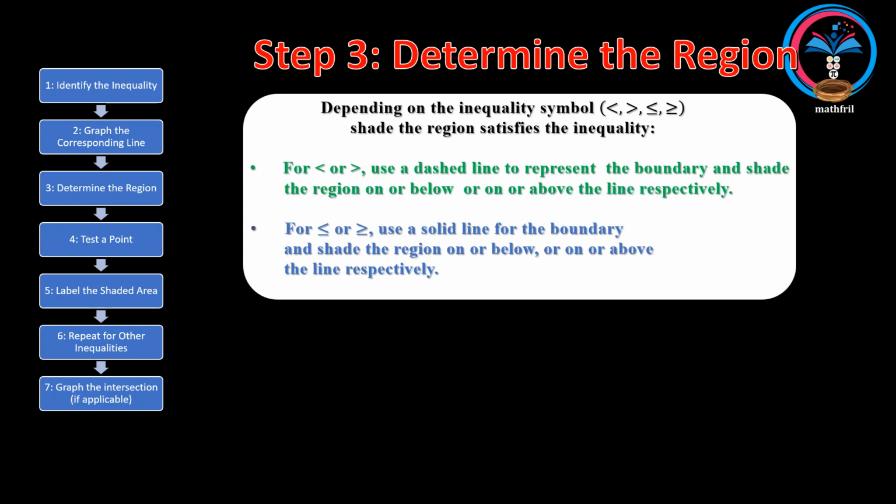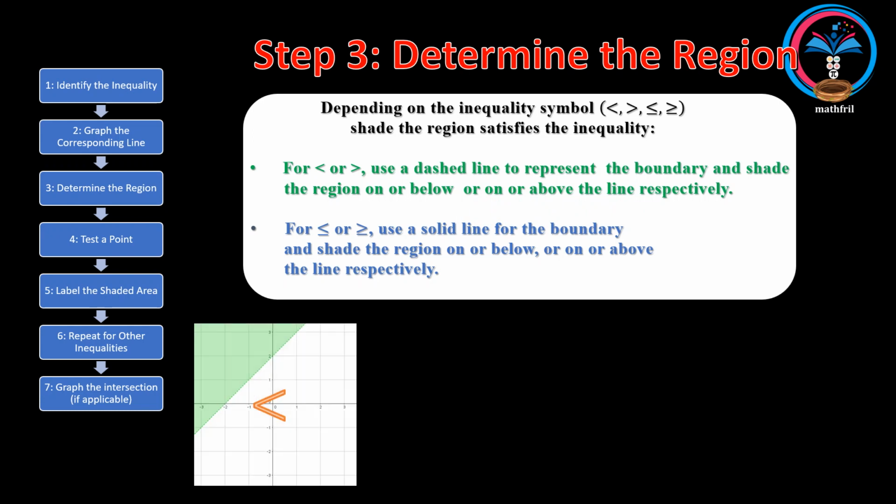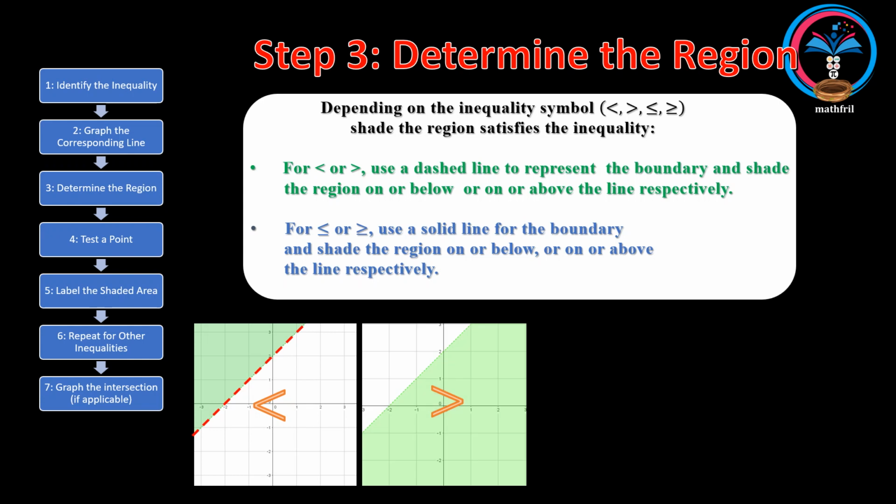And what I mean here is this one. If it is less than, you have to graph like this and the shaded region on the left side. And if it is greater than, you have to graph on the right side and you have to draw the boundary line, which is a broken line or the dashed line.